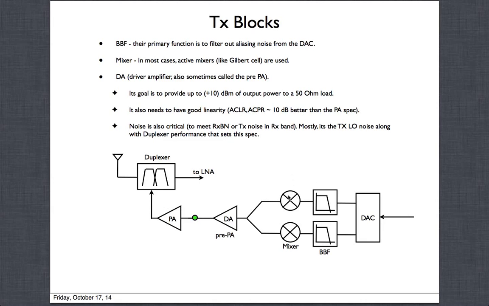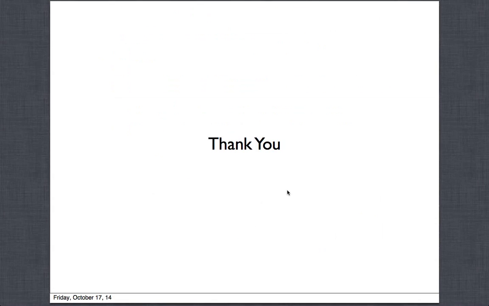And that actually sets the spec to be very, very hard, especially for 2G cases. And that's why the TX VCOs will always have a much harder phase noise requirement than the RX VCOs. So the noise becomes pretty critical, and it gets mapped mostly to the synthesizer.